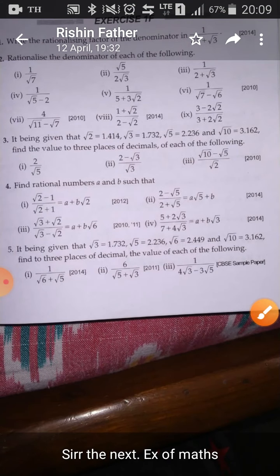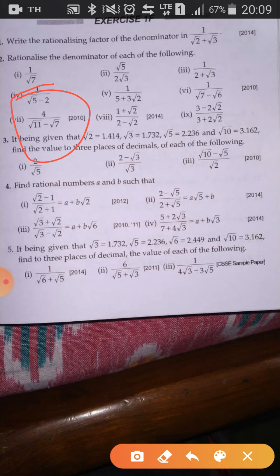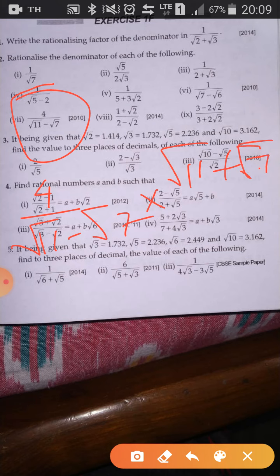After this we move on to sum number 7. So here it is 4 by root 11 minus root 7. So to rationalize it, you will multiply it with root 11 plus root 7 by root 11 plus root 7.